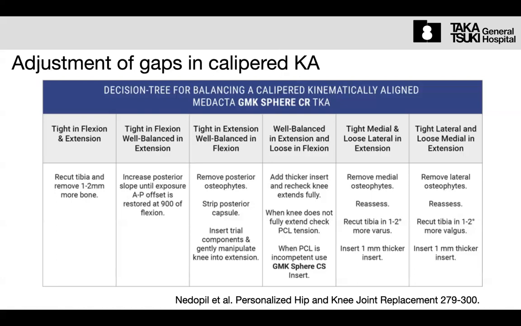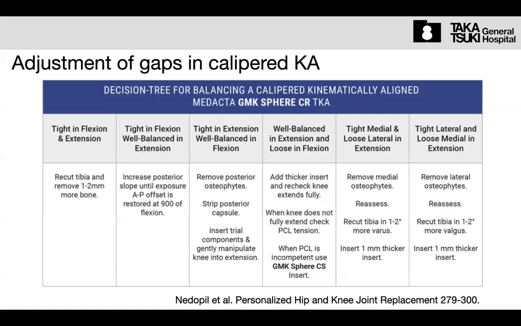As you know, the contact point in extension is on the anterior side of the tibial plateau, and in flexion the contact point moves posteriorly. Once we increase the posterior slope, the flexion gap can be enlarged.